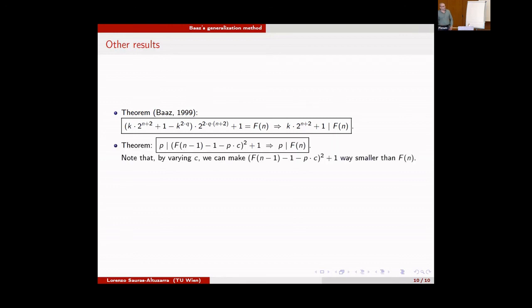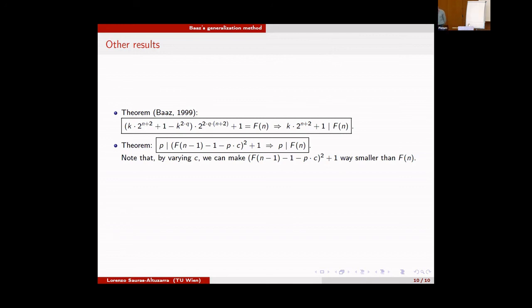The second one is another that I see with certain computational potential. That is, if our candidate divides the n-1 Fermat number minus PC y square and plus 1, then our candidate is valid.